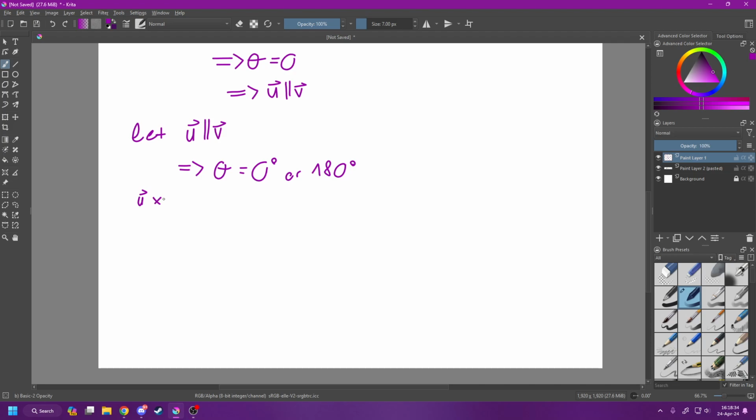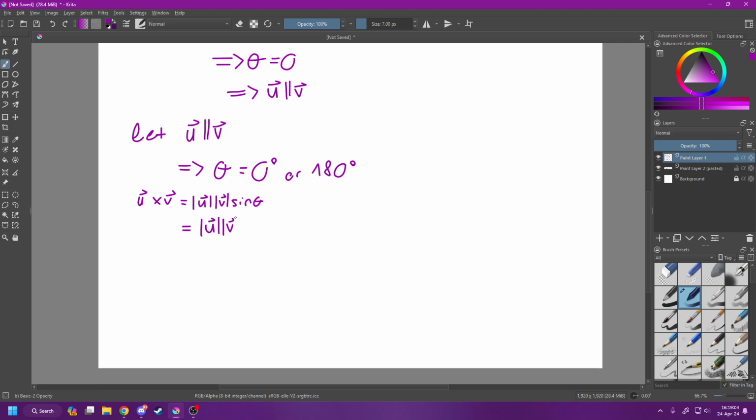the cross of u and v, as I wrote before, is equal to the magnitude of u and v times sine theta, where of course theta has to be equal to either 0 degrees or 180 degrees. Let me write that down real quick.